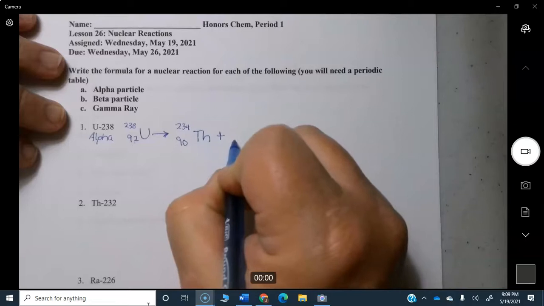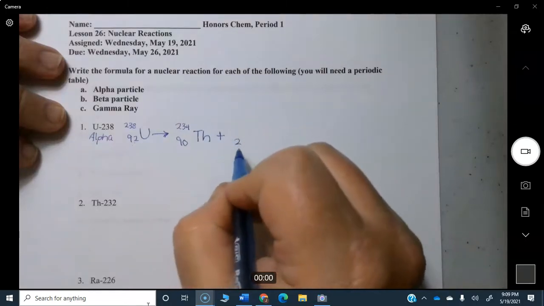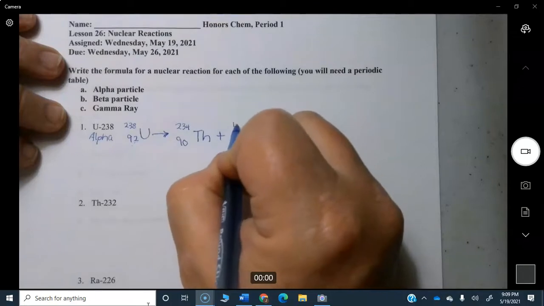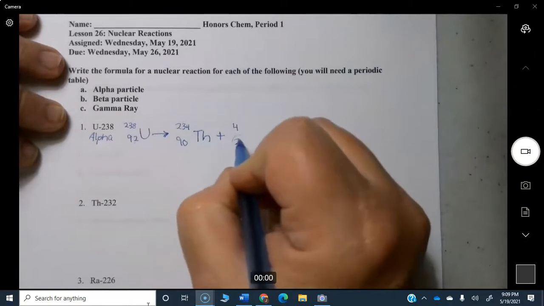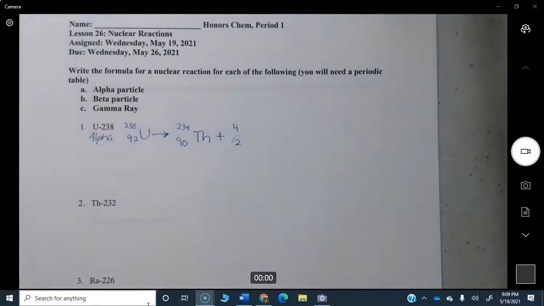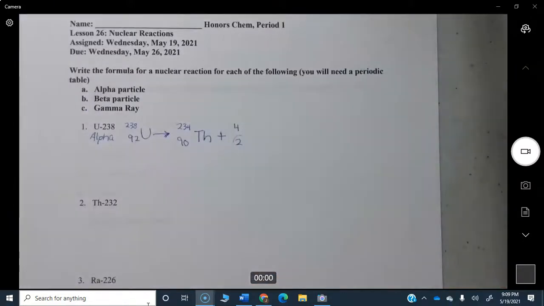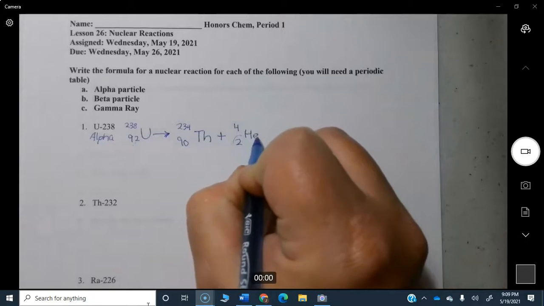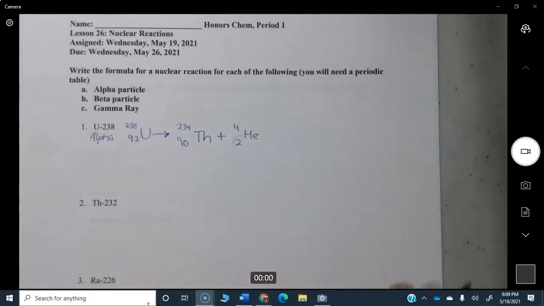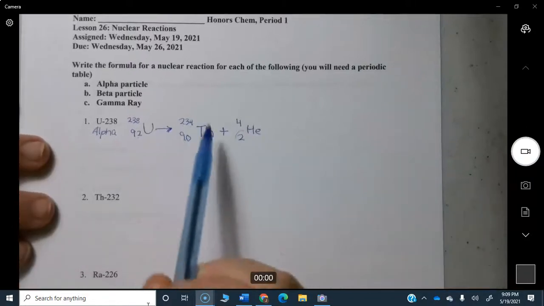It has 2 protons and 2 neutrons, a total of 4 protons plus neutrons together. What has 2 protons? That would be helium, atomic number 2. So it's basically giving off a helium nucleus, even though this did not come from a helium atom, it came from the uranium atom. And that's the final answer.